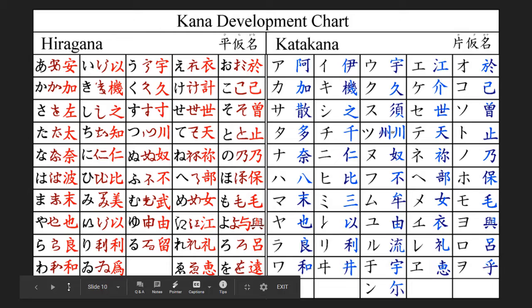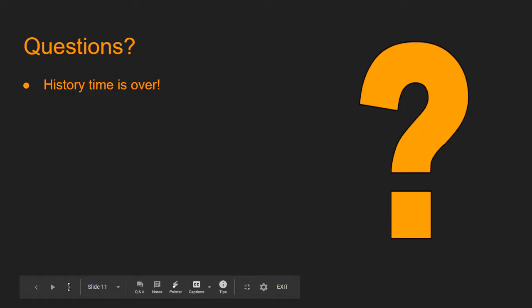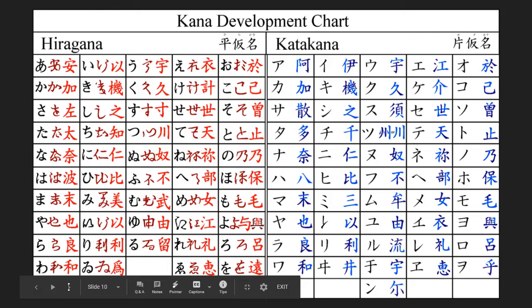Like this one, the E sound, and the E sound again. But you can see that all of them came from kanji.